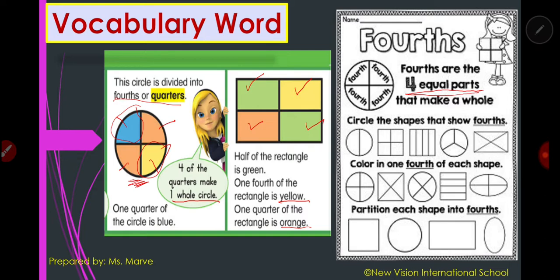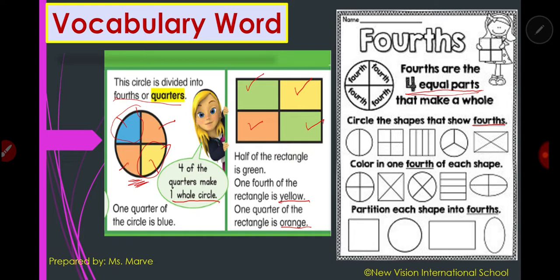The first direction is that we need to circle the shapes that show fourths or quarters. Okay, so you can just count the parts of each shape and ask yourself if it is equally divided into four or not. If it is, circle.